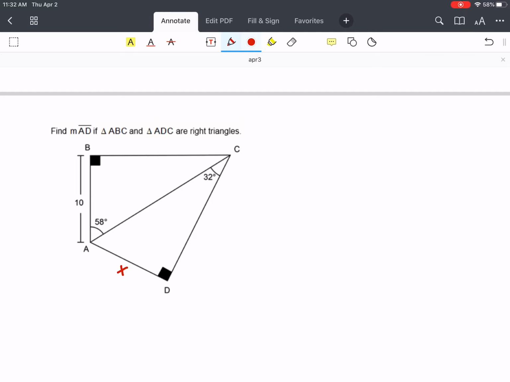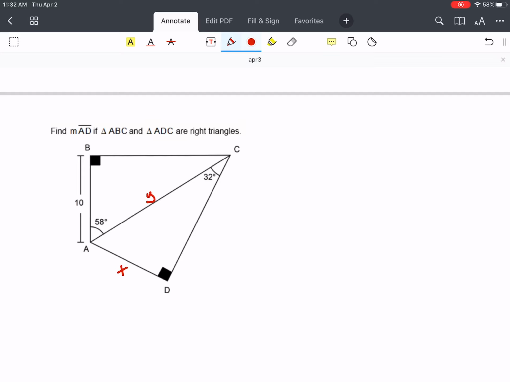If I knew either AC or CD, I could solve for AD. I don't know any of those sides, but I know that AC is shared between the two triangles. It's actually the hypotenuse of both of them. So why don't we call that Y?